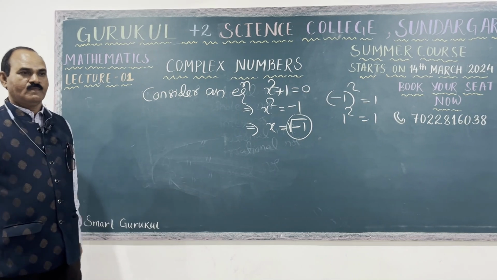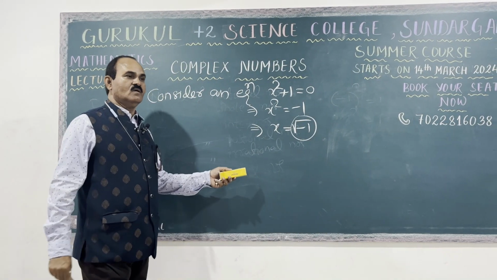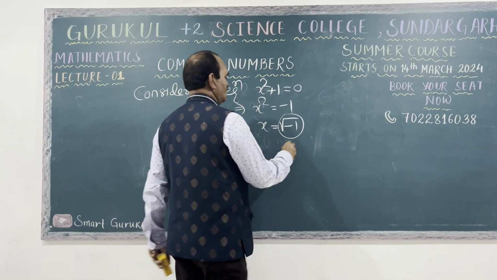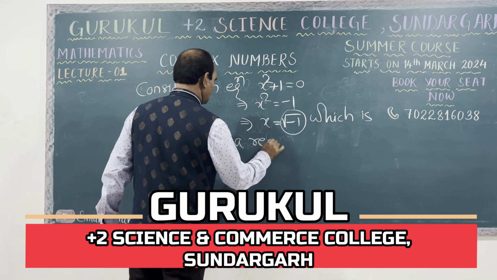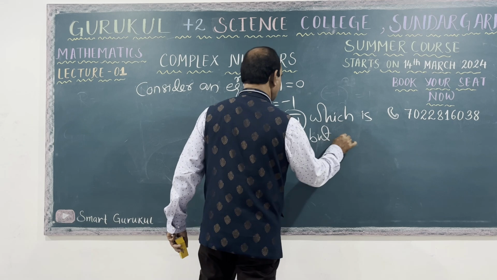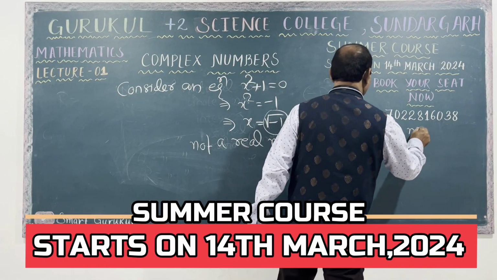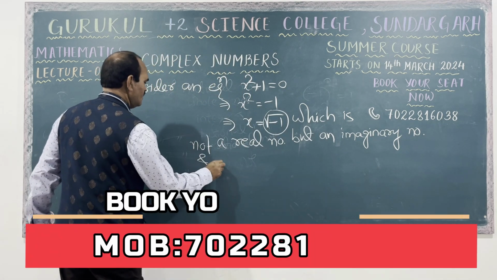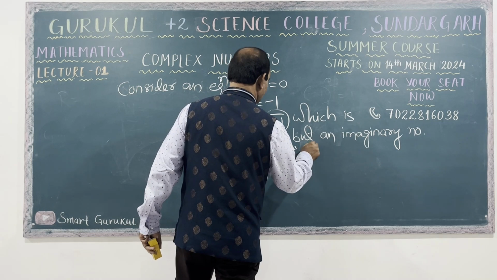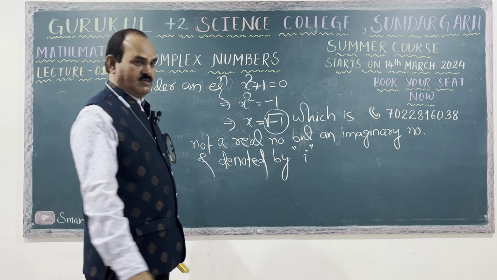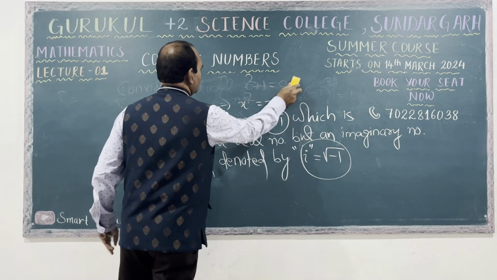This is not a real number, and this is called an imaginary number, which is not a real number but an imaginary number, and it is denoted by I, which equals root over -1.